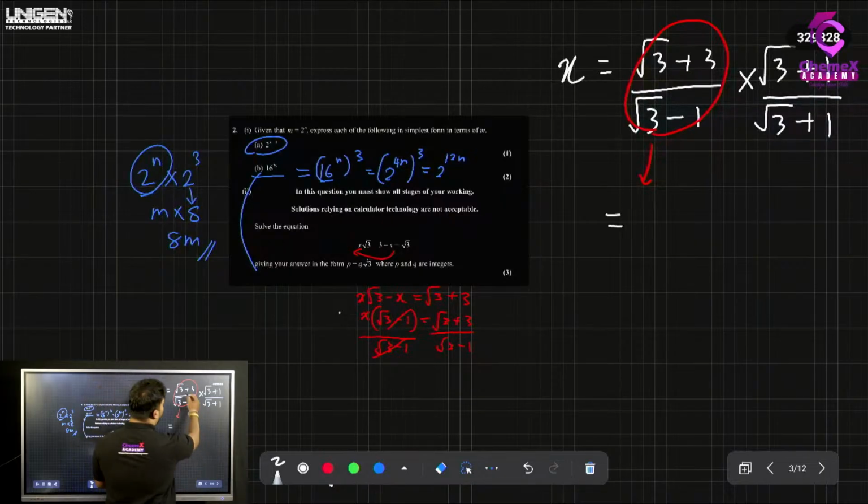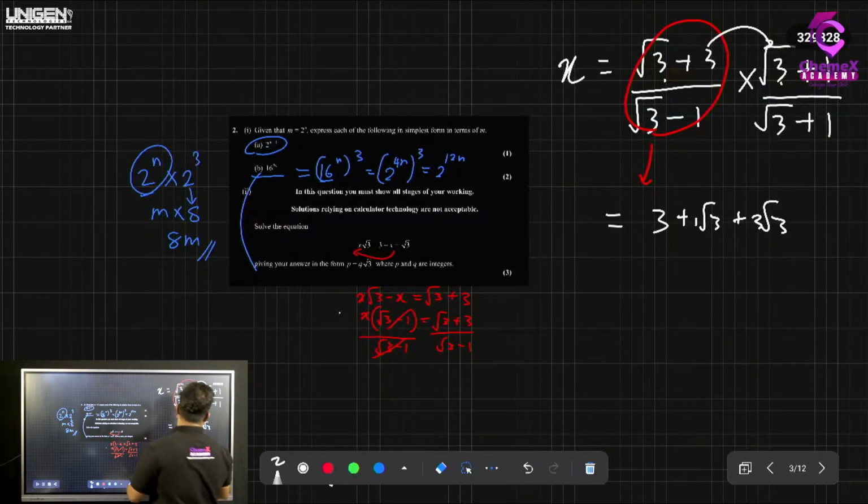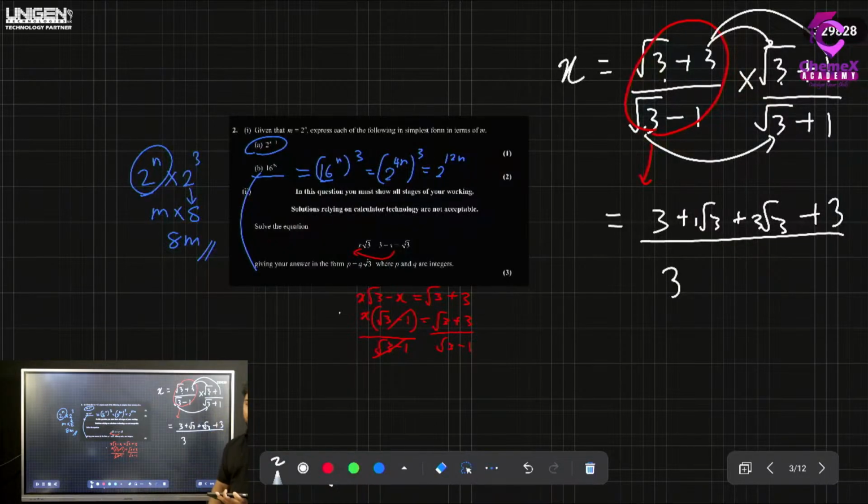Alright, so what's root 3 into root 3? It's 3. Root 3 into 1 is plus root 3. 3 into root 3 is plus 3 root 3. And 3 into 1 is plus 3. Divided by root 3 into root 3, it's 3. Root 3 into plus 1, 1 root 3. And root 3 into minus 1, it's minus root 3, plus root 3 minus root 3 and minus 1.